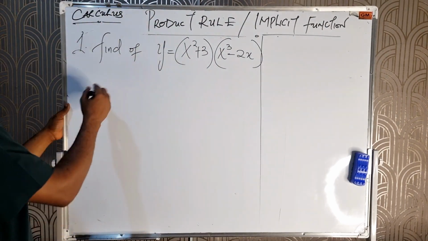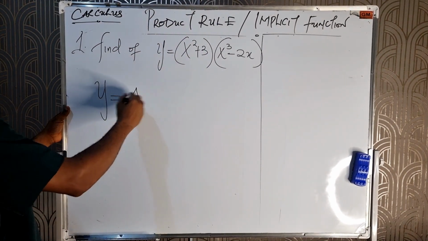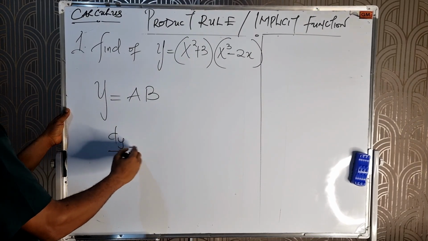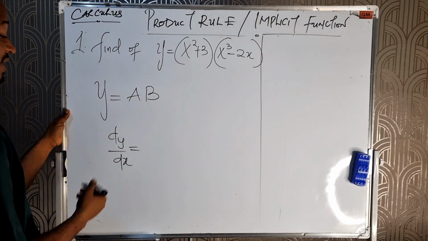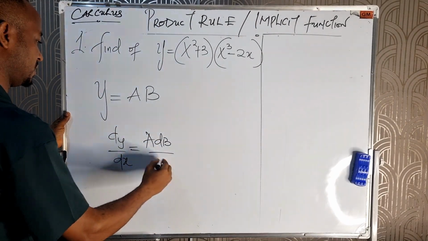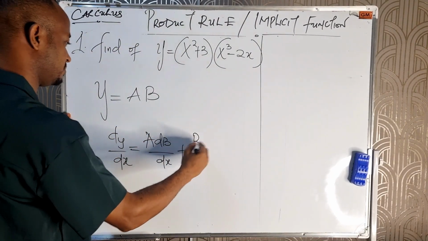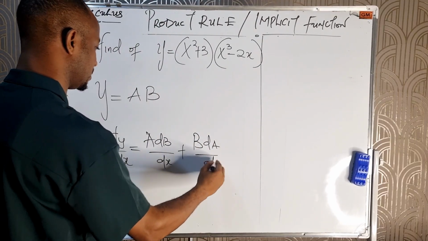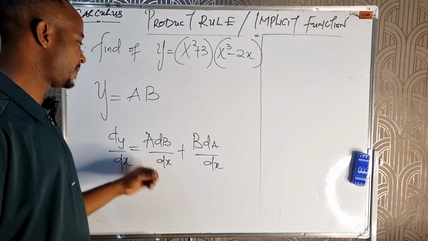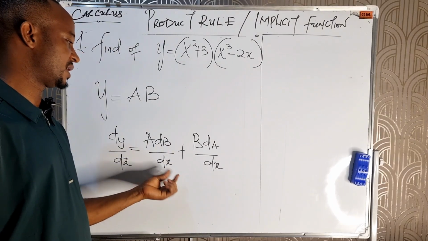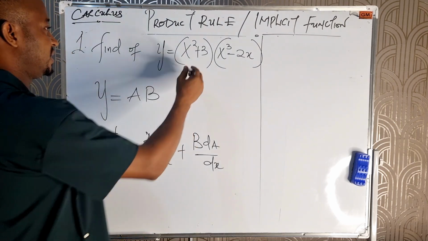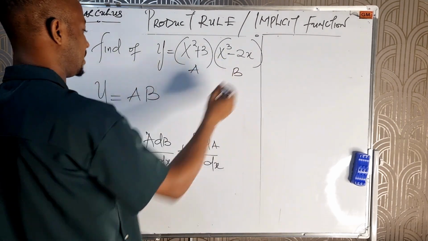Let's recall that if y is equal to ab, the product rule says what? dy/dx, which is the derivative of y with respect to x, will give us a db/dx plus b da/dx. This simply means we keep a constant, meaning don't differentiate a, differentiate b, meaning db/dx, plus don't differentiate b, differentiate a. Okay, in this case, this is our a, right? This is our b.